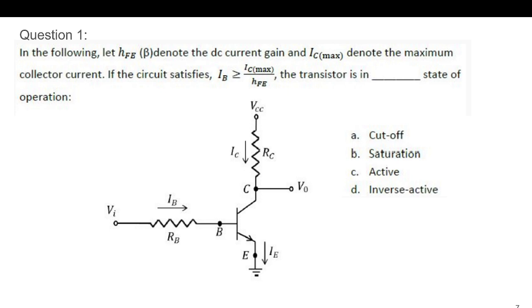Okay, we will discuss the regions. What is the functionality of the circuit, the operation of the circuit?